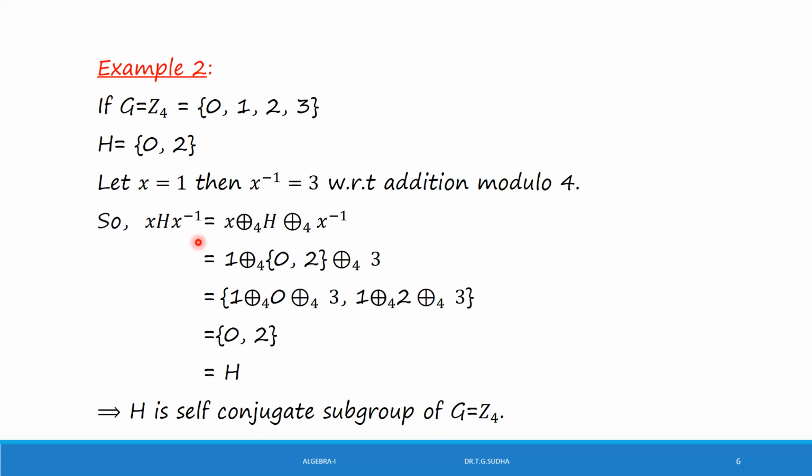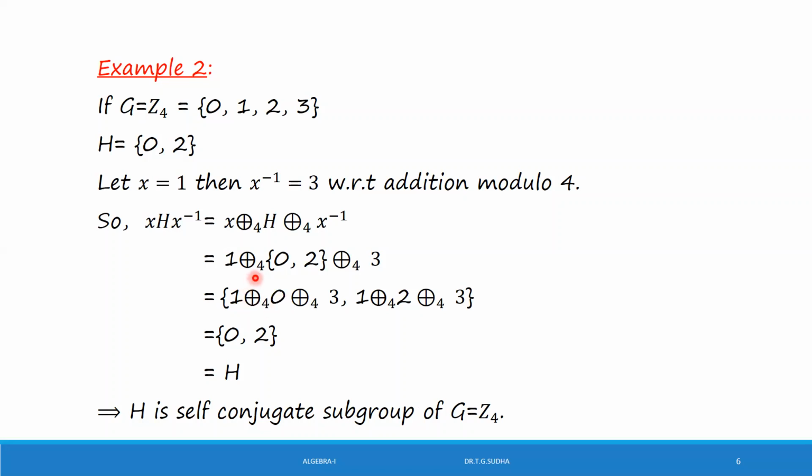This is a set containing the elements we obtain after operating X from the left side and X inverse from the right side with respect to addition modulo 4 with elements of H. So X is 1, X inverse is 3 and H is {0, 2}.